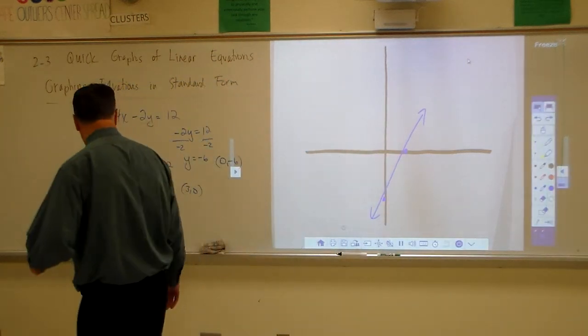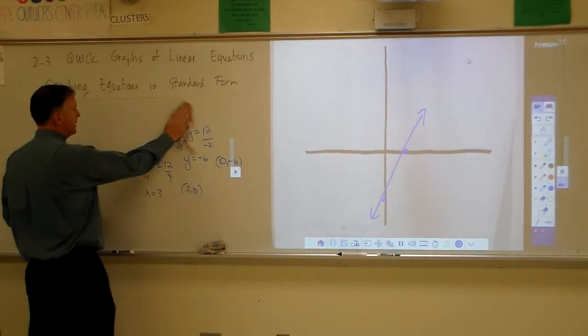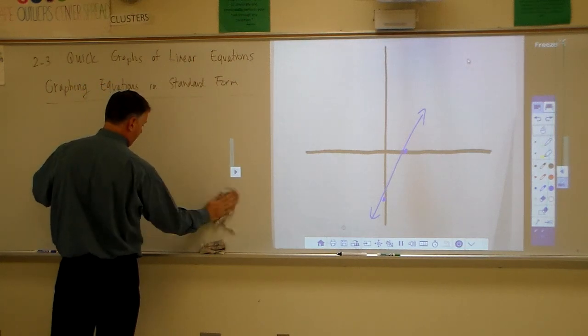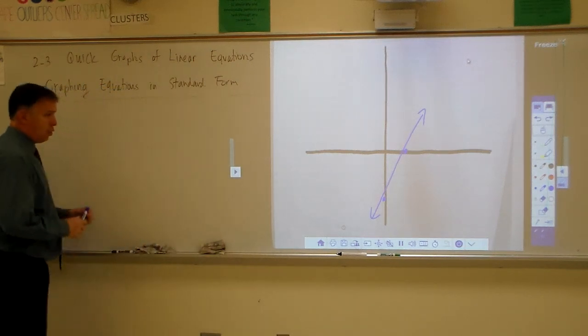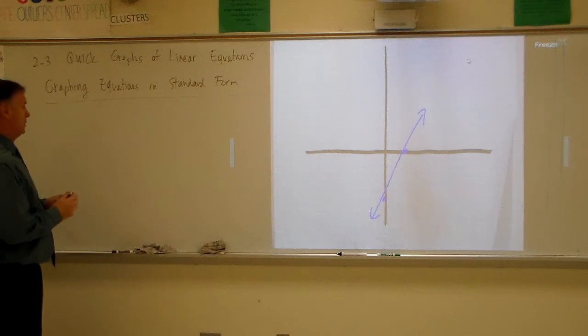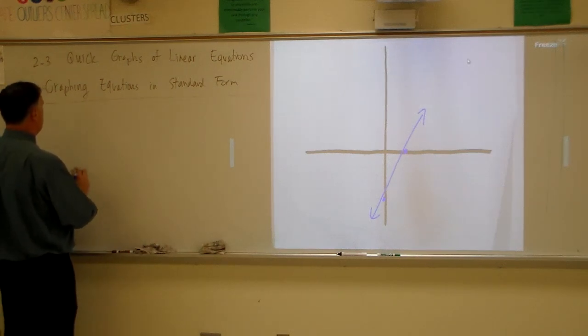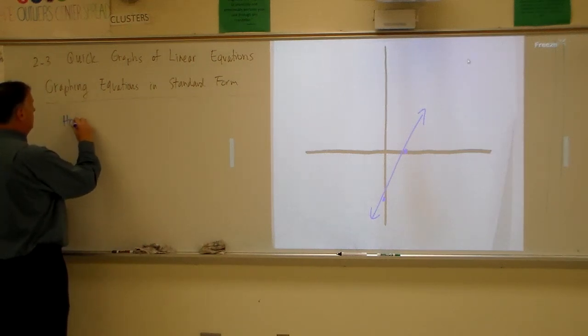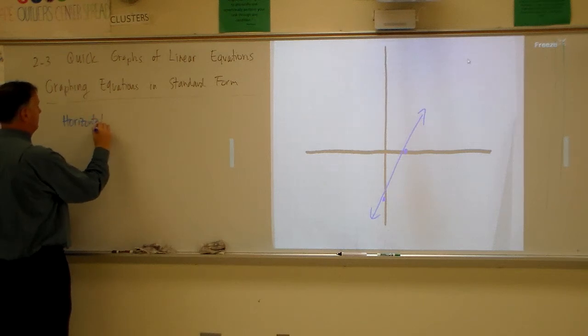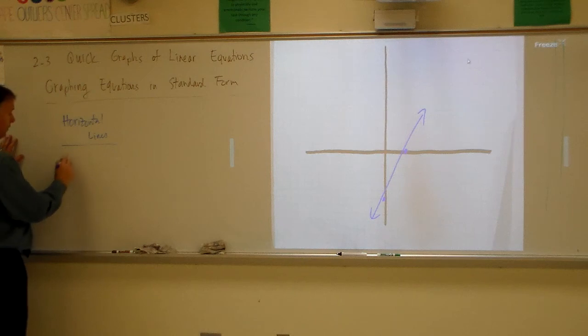Okay? So, there's one last thing I want to talk about, and that's when we have either horizontal lines or vertical lines. Horizontal lines: we have y equals a number.